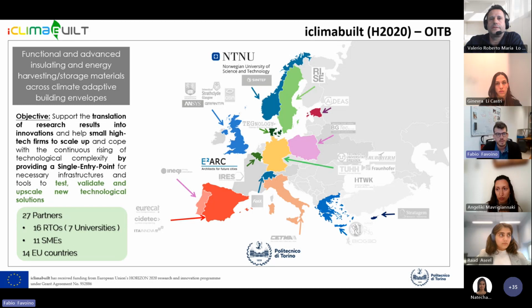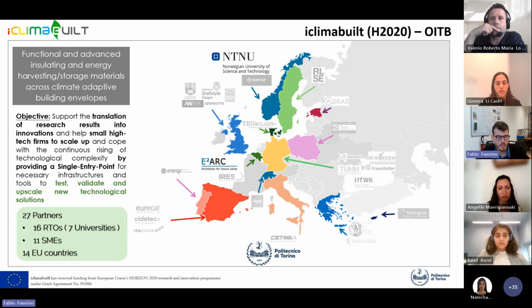And the main objective of the project is to provide a consortium that is supporting the scale up of building envelope technologies, mainly scale ups dedicated to SMEs, by providing one single entry point, so one consortium that is able to provide different testing, simulation, upscaling, and demonstration services.